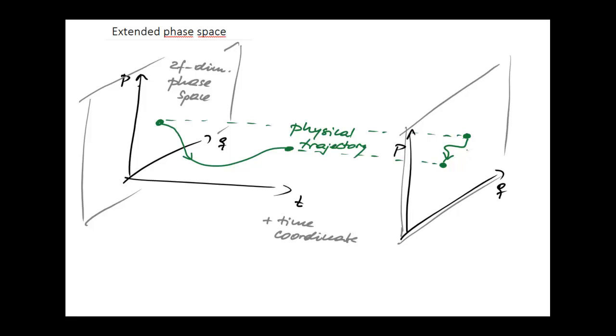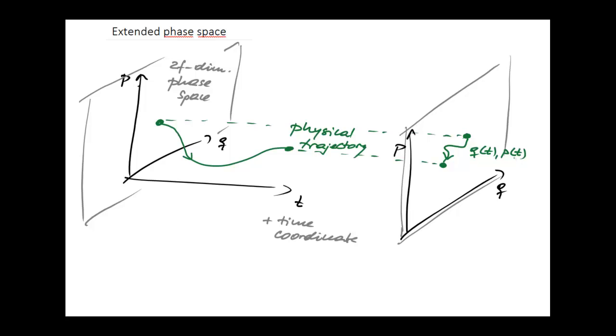So we have Q as a function of t and P as a function of t as a trajectory in ordinary phase space. So it's basically the projection of the trajectory in extended phase space onto the regular 2f dimensional phase space.